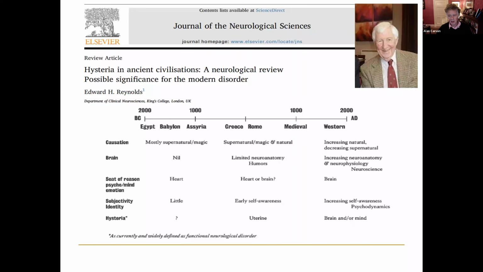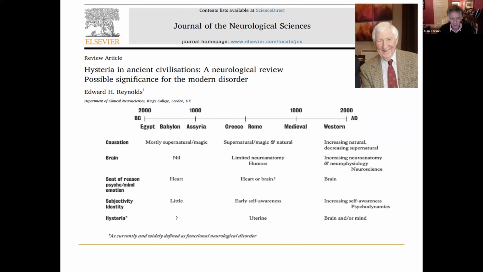So starting at the beginning, I'm going to borrow heavily from the work of Ted Reynolds. Ted, many of you may know, worked for most of his career at King's College London, where he's a very well-respected neurologist, working alongside David Marsden and others.